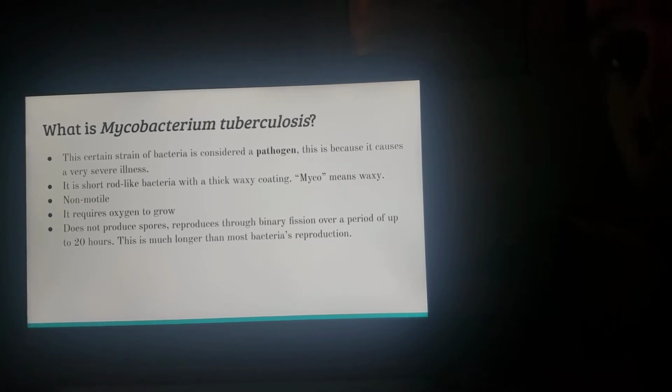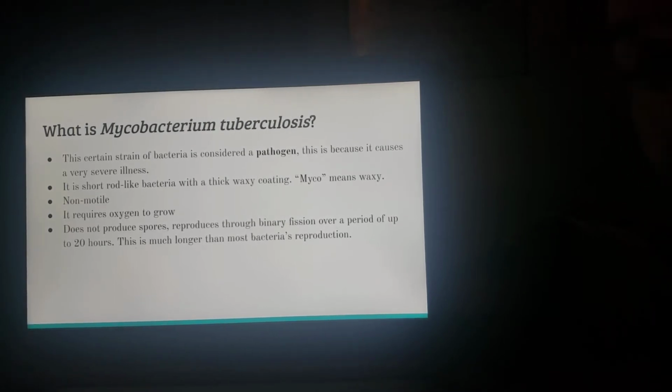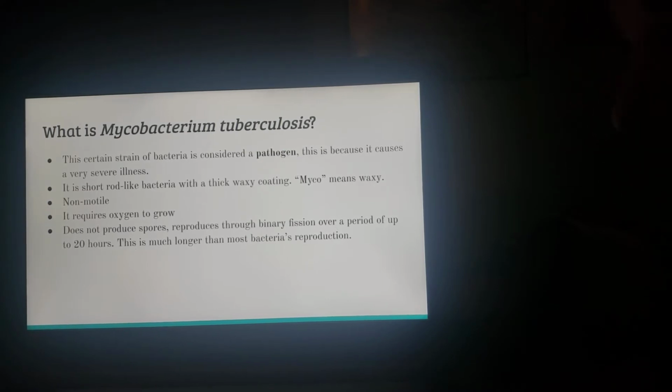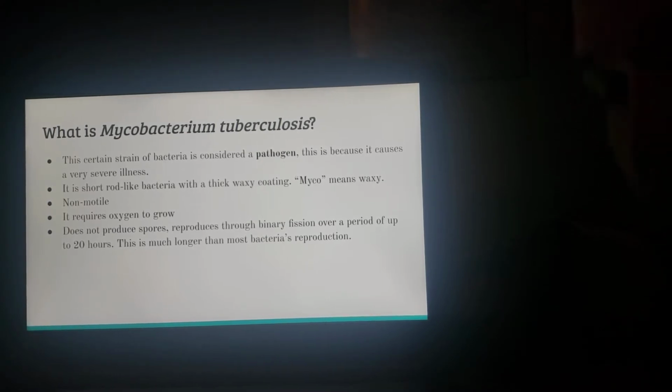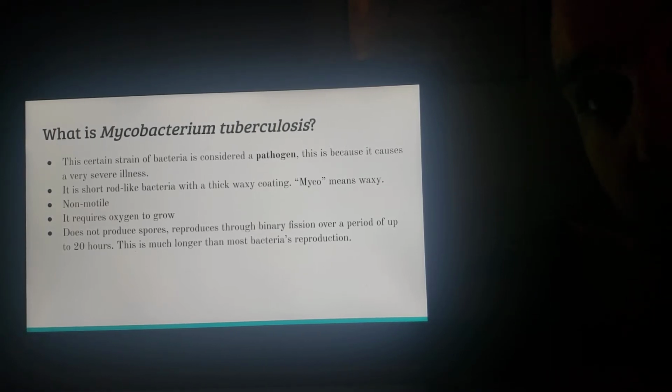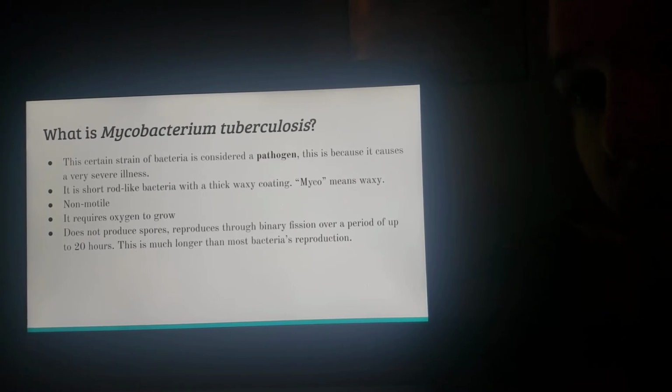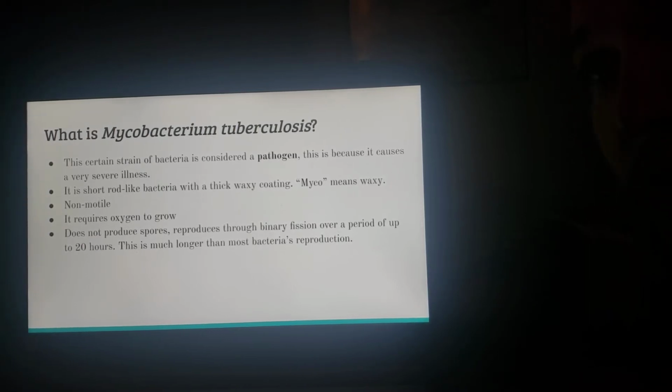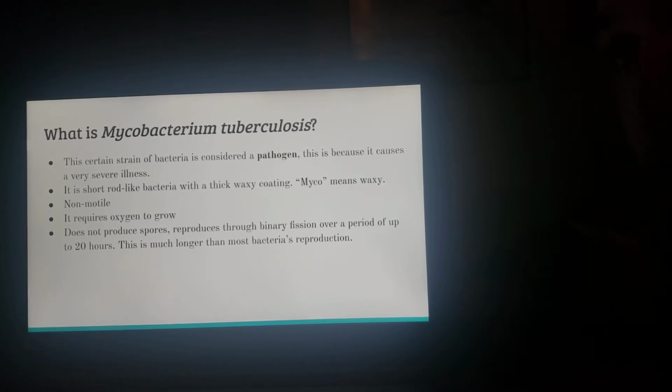Myco actually means waxy, so it has a thick waxy coating. It's non-motile, it requires oxygen to grow, and it does not produce spores. It reproduces through binary fission, and it takes up to over 20 hours to reproduce, which is a lot longer than the majority of bacteria.